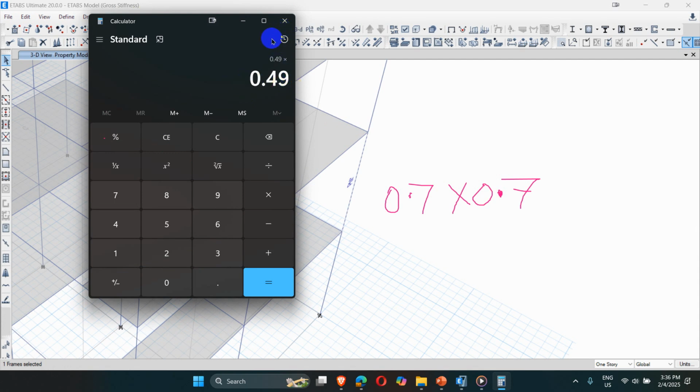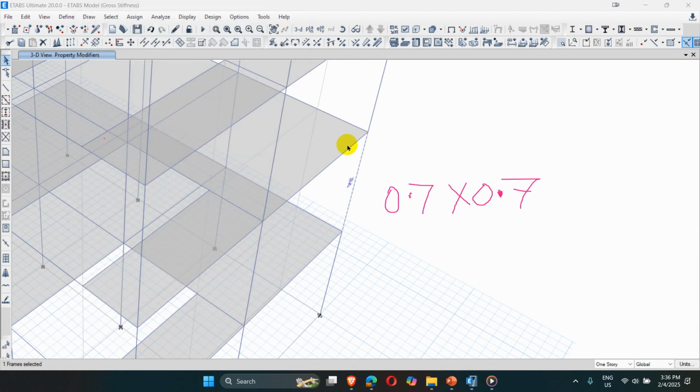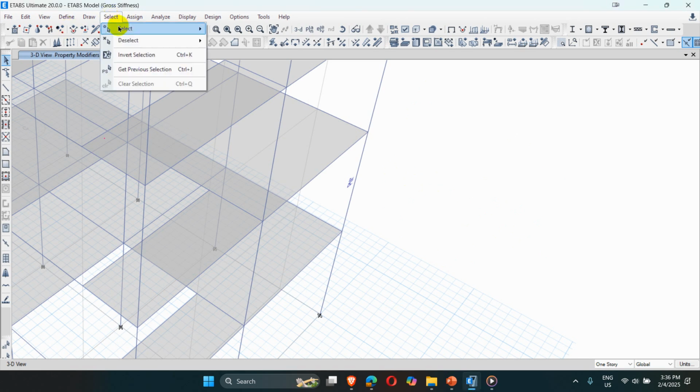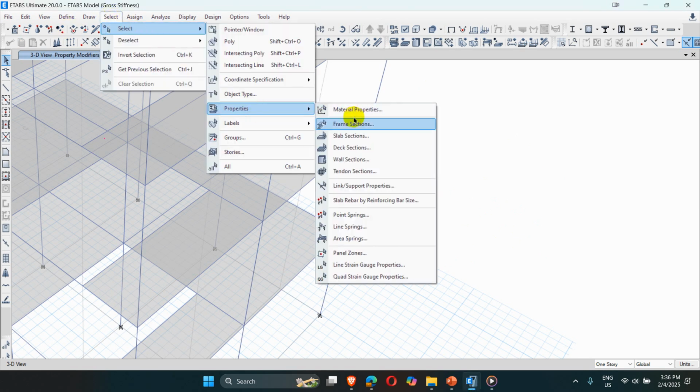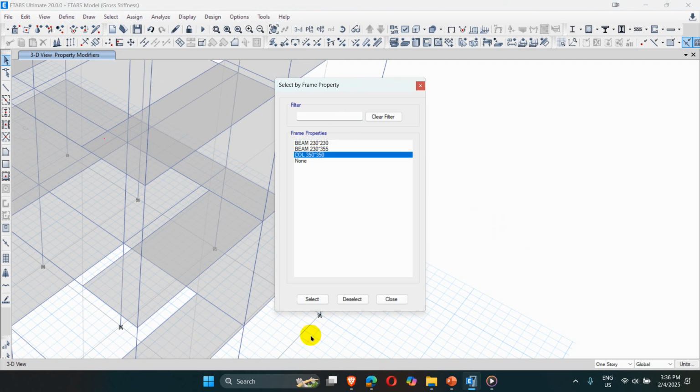So try to avoid this. You must avoid using the modifier in two places. It is better to use the modifier by selecting the frames and assigning the modifier. So by selecting the frame, let me go to select properties, frame sections, columns.